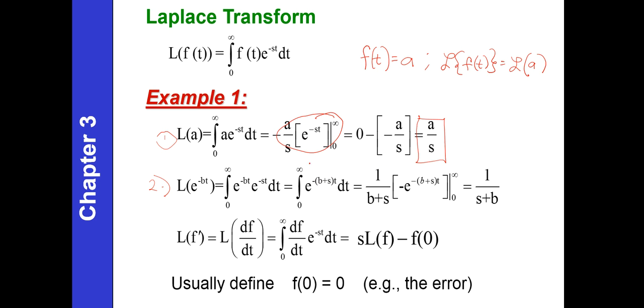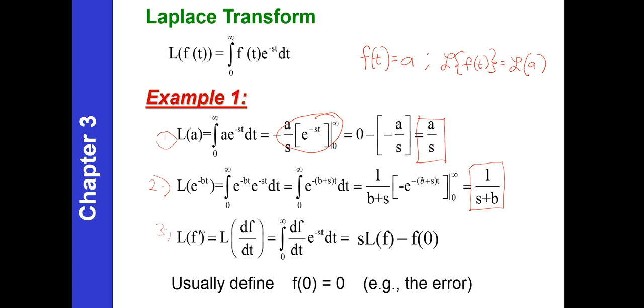You apply the integral formula here. So you have 1 over s minus b times e to the negative s minus b times t. Then evaluate this equation from 0 to infinity. So we have here 1 over s minus b.